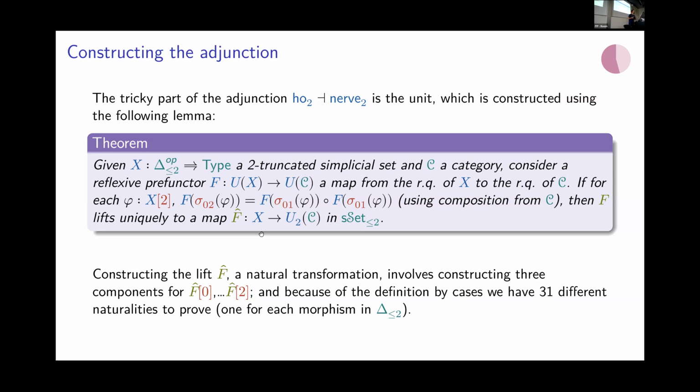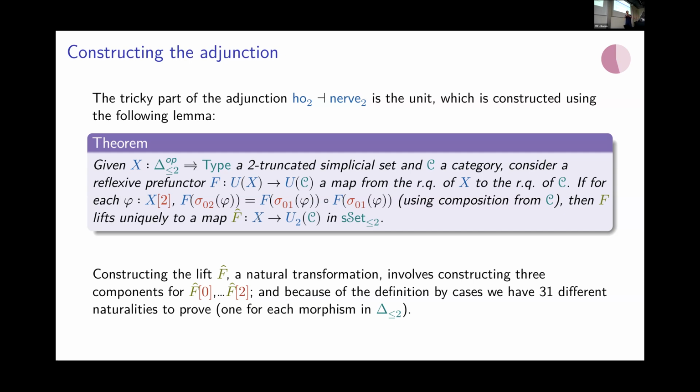When you actually have to construct this thing, we have to construct a map, this f hat. This thing is operating on two-truncated simplicial sets. This is a natural transformation. X is a functor, so this is a natural transformation of functors.